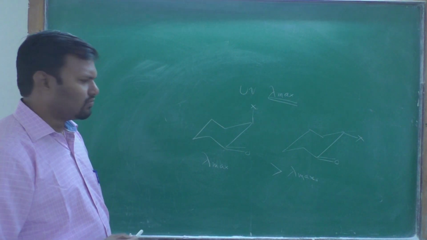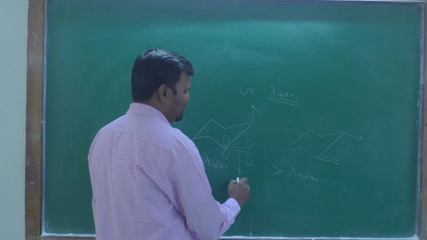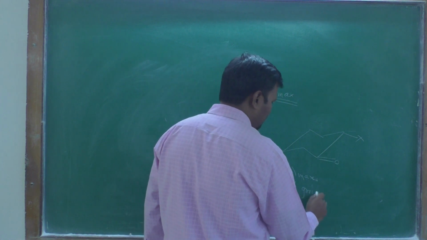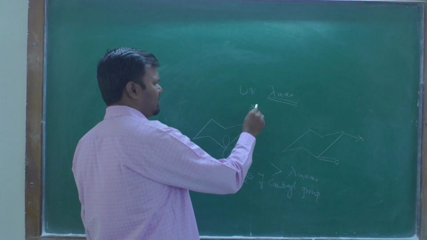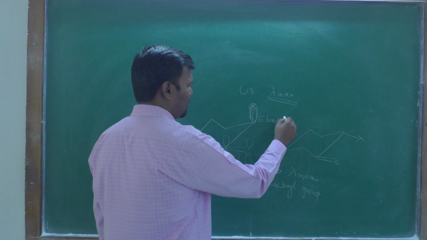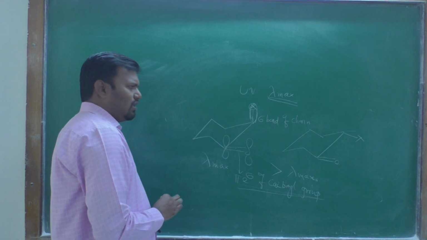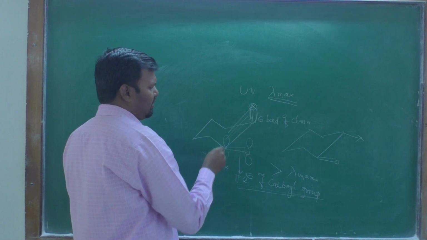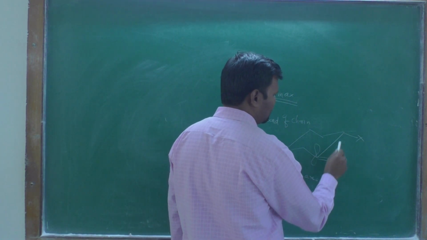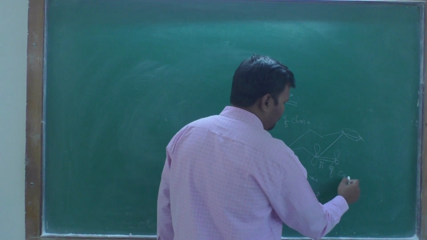equatorial. In this case, the pi electron of the double bond of the carbonyl group is there, and this is the sigma bond of chlorine. The sigma bond of chlorine and the pi bond of the carbonyl group can be easily overlapped. In the other case it is not possible, the sigma bonds of these groups are not parallel to the pi bond of the carbonyl group.